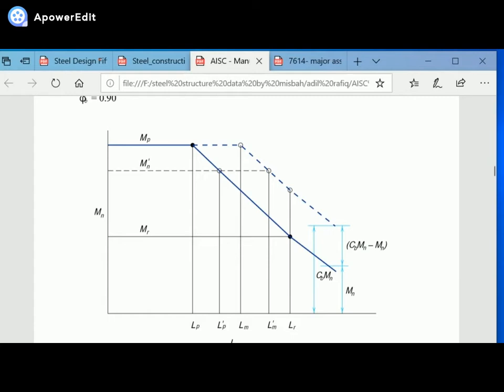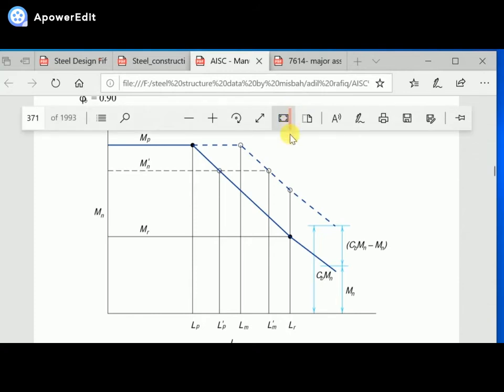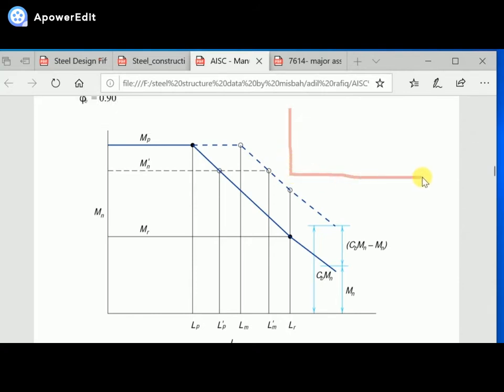If I draw this graph over here, the ordinate shows the strength of the beam, and the abscissa, the x-axis, represents the unsupported length, that is LB. You see the linear portion, then the inclined portion, and then a little bit of parabolic portion.